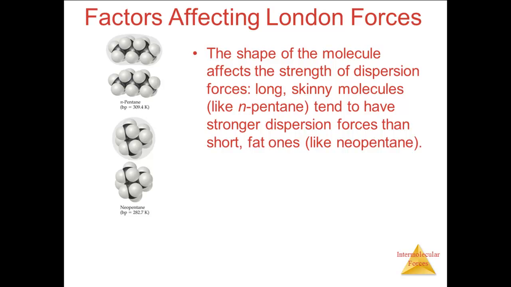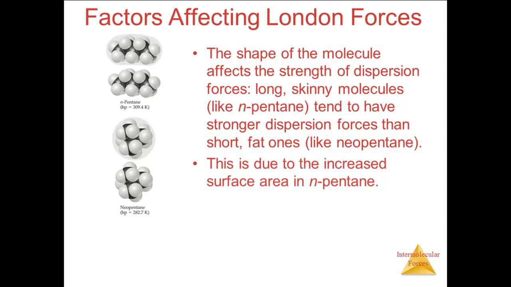Two factors impact the strength of these forces. First, molecules that are long and skinny have greater polarizability compared to molecules that are short and fat, because the length of the molecule and its increased surface area makes the separation of the electrons easier.